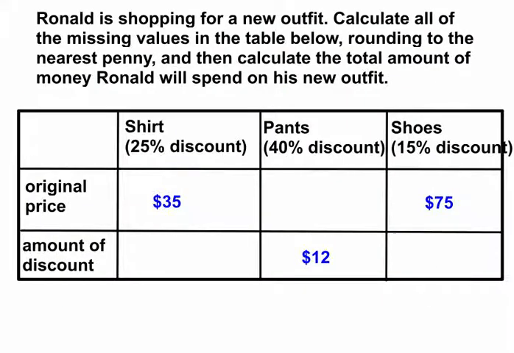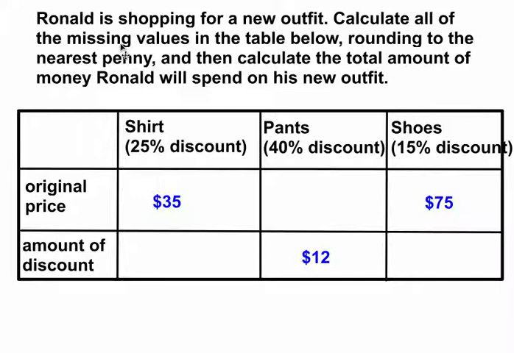On the next, this is a shopping problem. I'm going to move through this rather quickly. Ronald is shopping for a new outfit. Calculate all of the missing values in the table below, rounding to the nearest penny. And then calculate the total amount of money Ronald will spend on his new outfit.